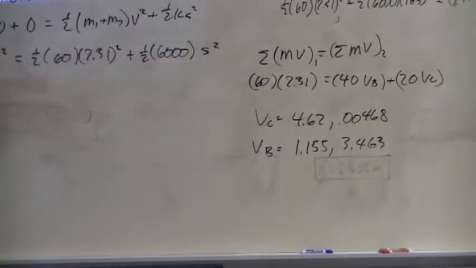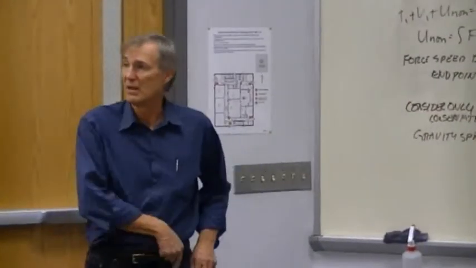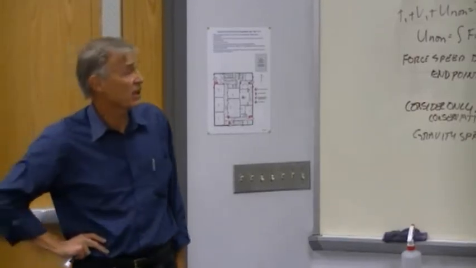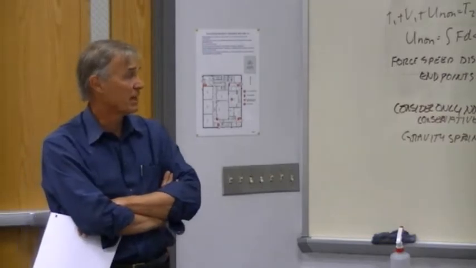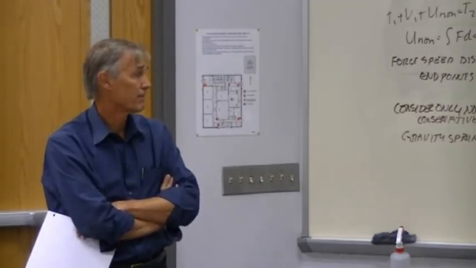Okay, so when you solve this thing, you're going to get 2 sets of values. You'll get 2 values for A and 2 values for B. And you have to choose which one is the valid, appropriate answer. So looking at those 2 values for C and values for B, what would you choose?